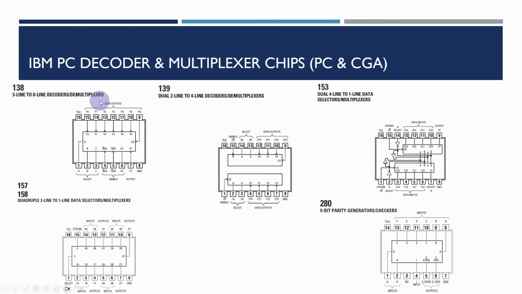Then on the decoder side of things, we covered the 138 and 139 decoders, demultiplexers. We also briefly covered the 158 and 157, and also the 153. We didn't really cover the parity generator because we weren't really worrying about parity because of using static RAM. So we'll come back and look at that.